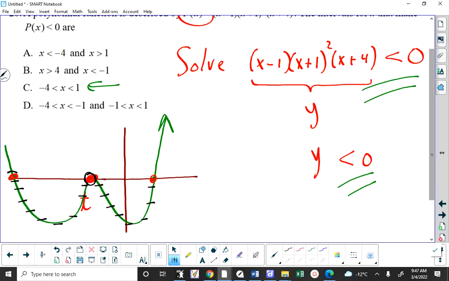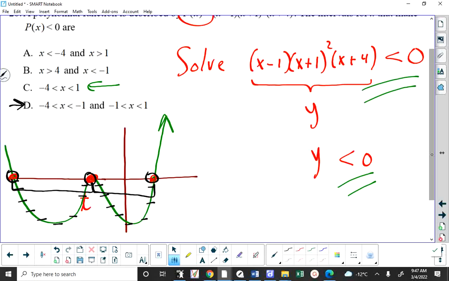It's not negative here, it's not negative here, but it is negative between these two numbers and between those two numbers, which is why you have to say negative 4 to negative 1 and negative 1 to 1 without the equals on the inequalities. Right? Does that make sense?